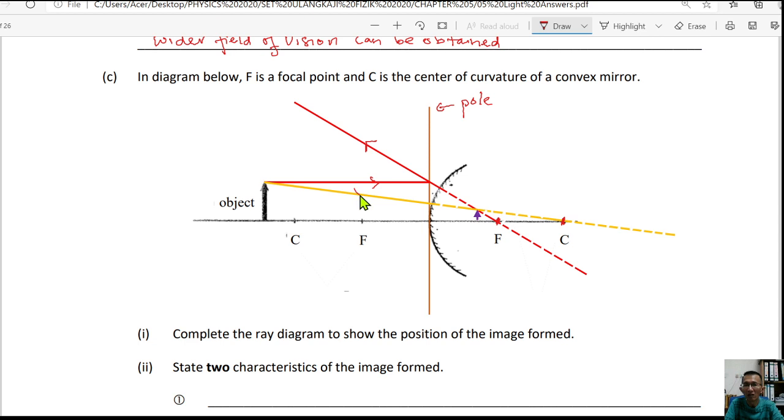The incident ray will be reflected along the same line. Then find where the red line and the orange line intersect. So it intersects here, and I will have my image here.